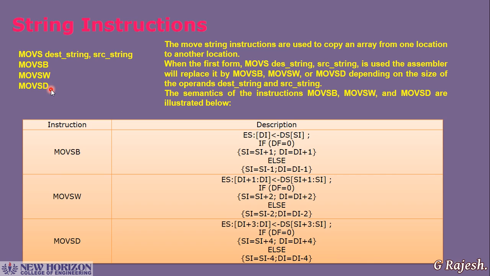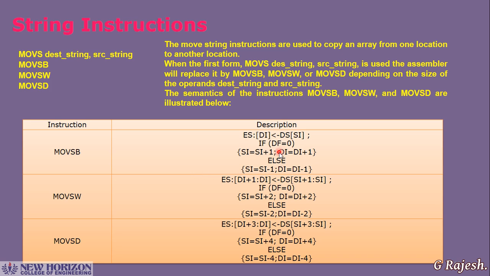For the data segment, SI is the implicit register to access the offset address, and for the extra segment, DI is the implicit register for accessing the offset address. These string instructions work depending upon the direction of operation, which is controlled by a flag called the direction flag.